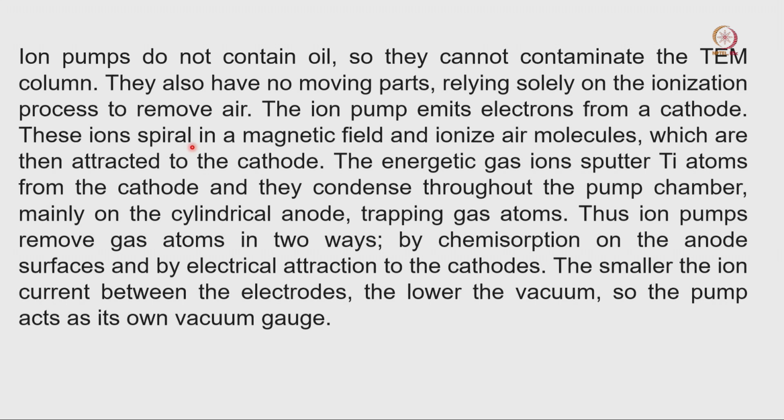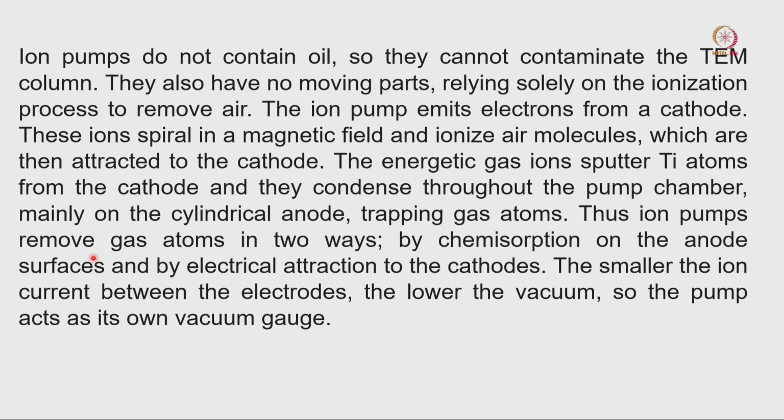These electrons spiral in a magnetic field and ionize air molecules, which are then attracted to the cathode. The energetic gas ions sputter titanium from the cathode, and it condenses throughout the pump chamber, mainly on the cylindrical anode, trapping the gas atoms.